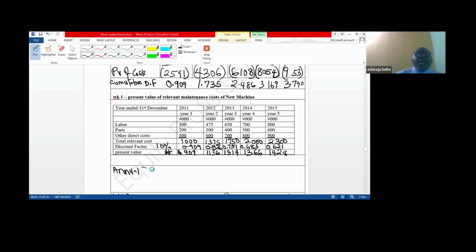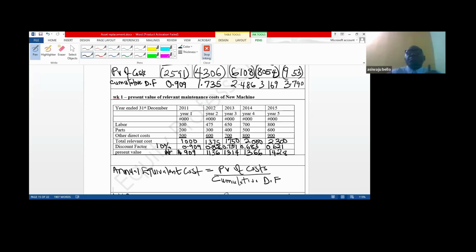Annual equivalent cost is equal to present value of cost divided by the cumulative discount factor.